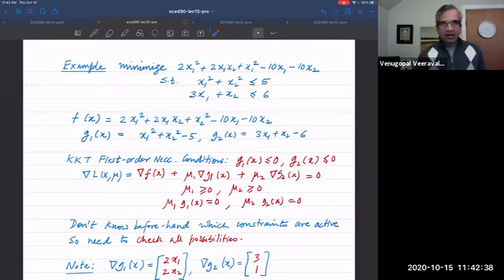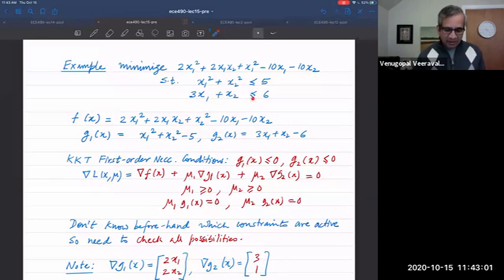Because x1 and x2 are not allowed to go outside the ball of radius square root of 5. This constraint, well, I could actually make one of these go to minus infinity and still satisfy the constraint, right? So I can't conclude compactness of this set.